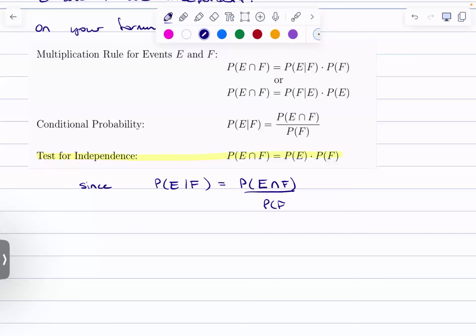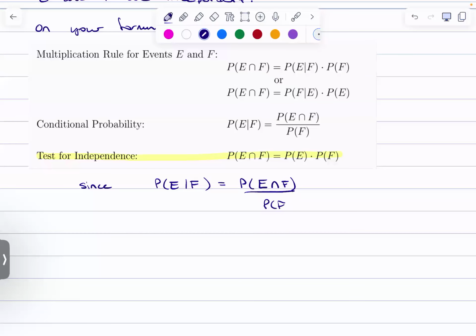Now, how you're going to use it is if you have all these components, the probability of E and F, the probability of E, and the probability of F, you multiply the probability of E times the probability of F, and if you get the same answer, then they're independent, but it has to be exactly the same.